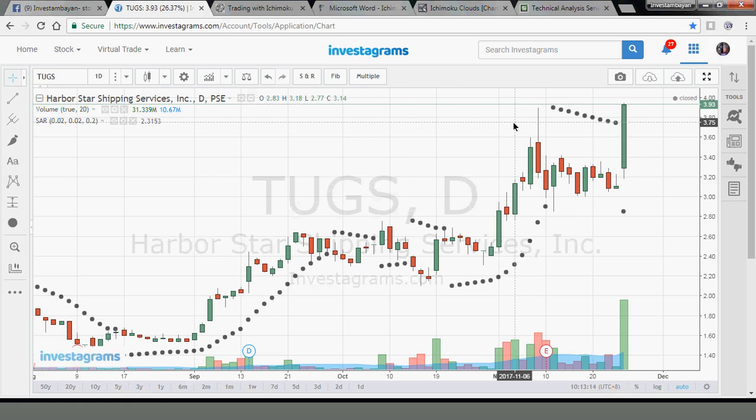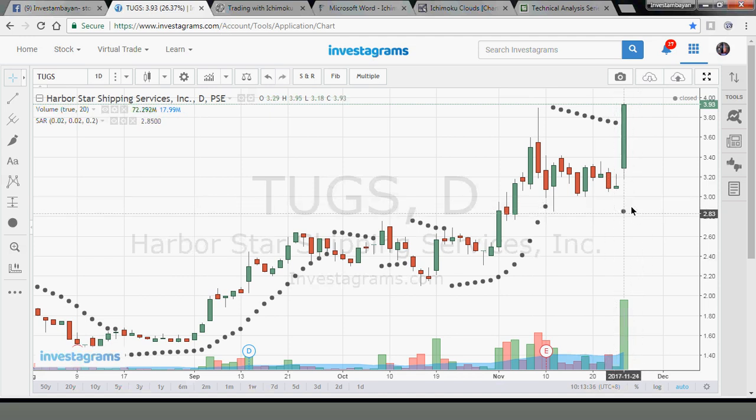So again, you buy the stock when the price is above the first parabolic. Tapos, may breakout. Ideally, dapat may breakout sa upper parabolic, so you are going to buy that stock. Paano ba mag-monitor?